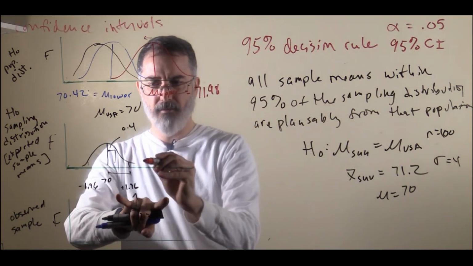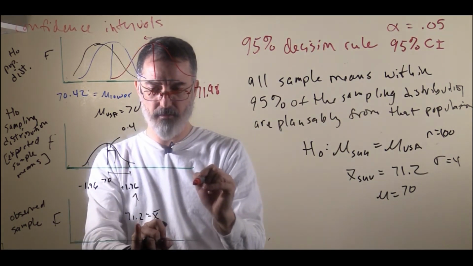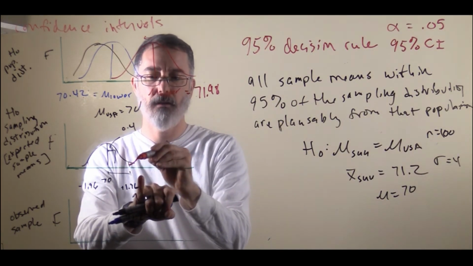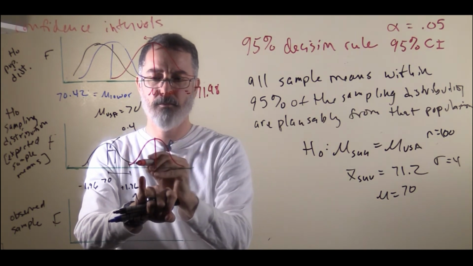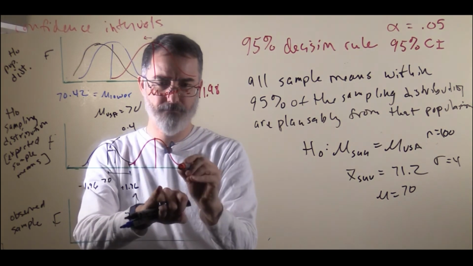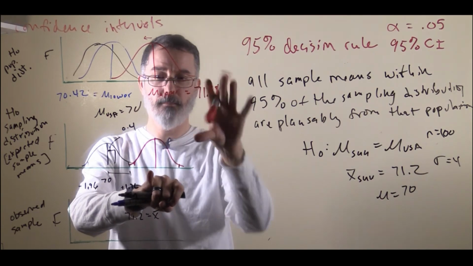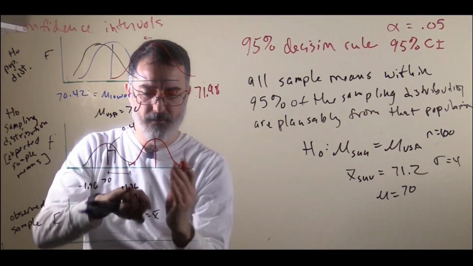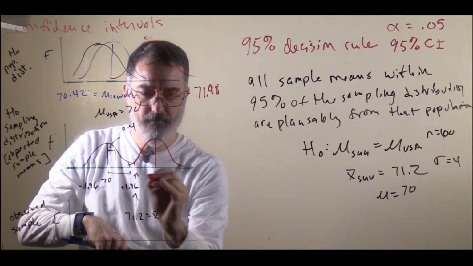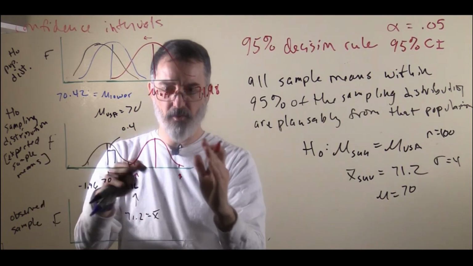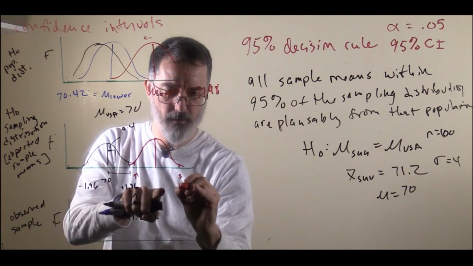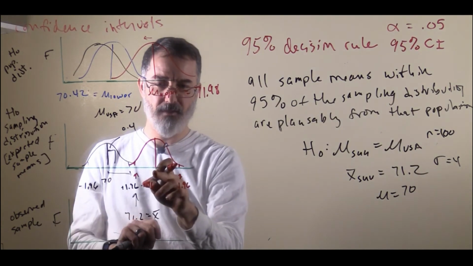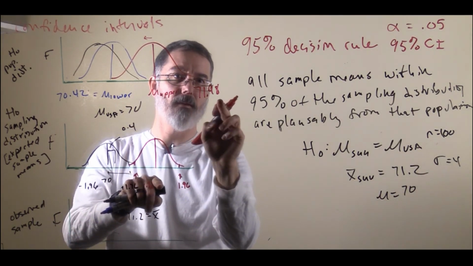Recall what we did for that: we used the sample mean as our centering point, and we drew the sampling distributions. For the upper limit, the sampling distribution is the one where the sample mean is just at the bottom of the 95% of samples that are middlemost on that distribution. That was plus 1.96 and negative 1.96 standard deviations away from the center point, which turned out to be 71.98.